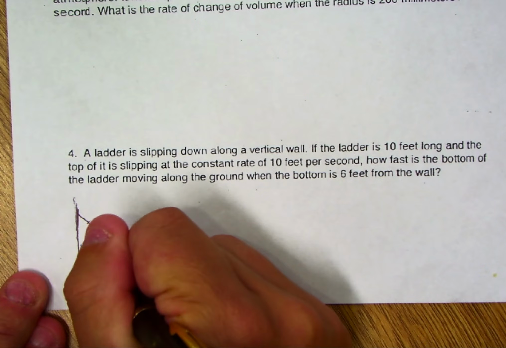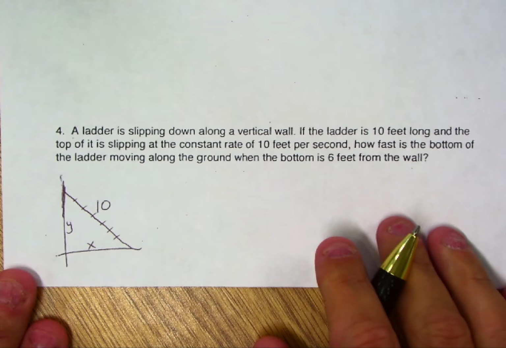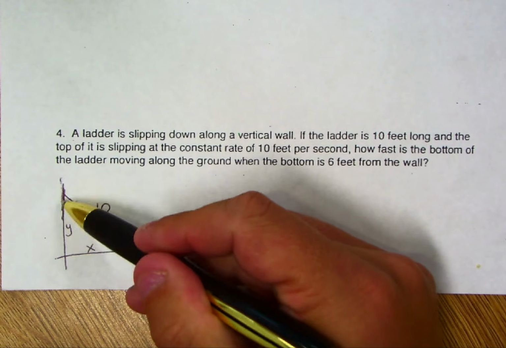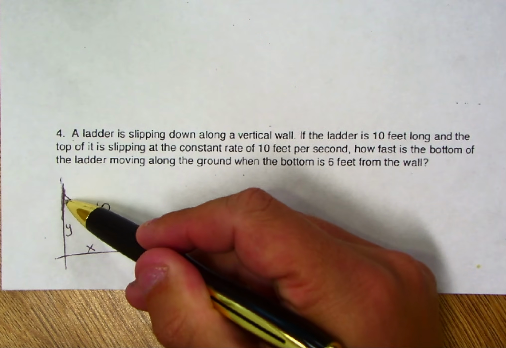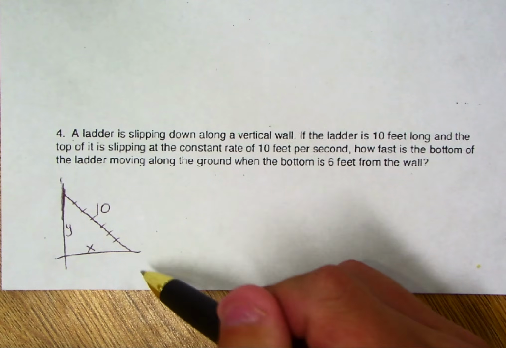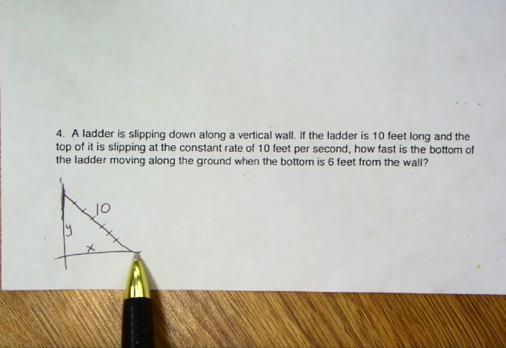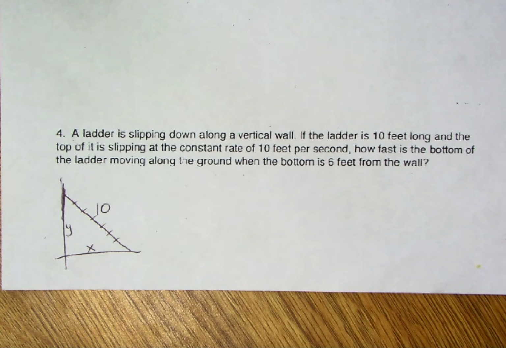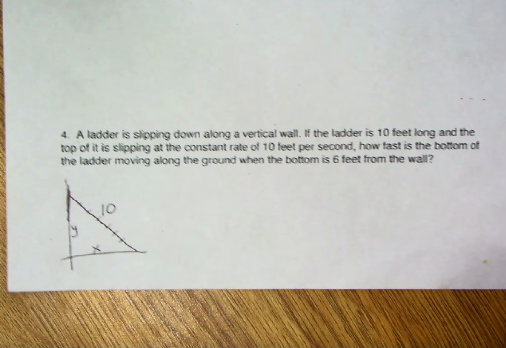I don't know these other numbers, like how high the top of the ladder is, because that will change as the top goes down. And this x value will change because the bottom of the ladder is sliding out. So those are numbers that can change. I'm not going to label those. That's my drawing, and you can see we have a triangle here. We'll talk about that in a second.